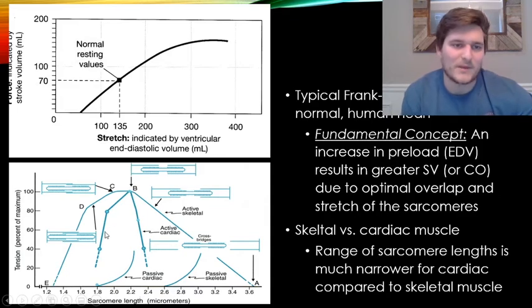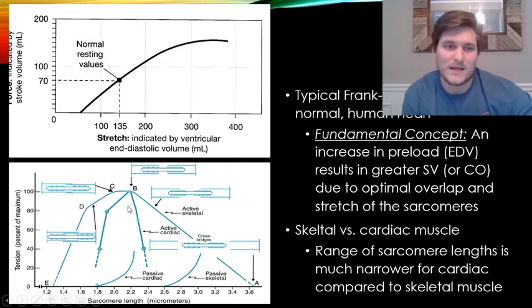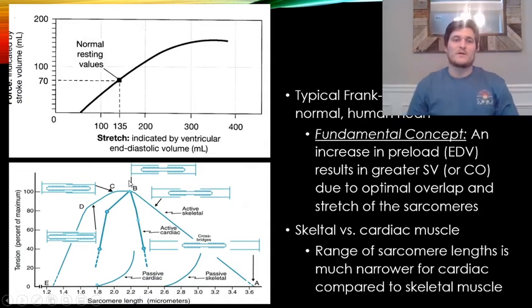But again, keeping in mind that preload increases those sarcomere lengths, as physiological sarcomere length in the heart increases, so does the tension, the force produced by those heart muscles, and therefore the stroke volume will increase.